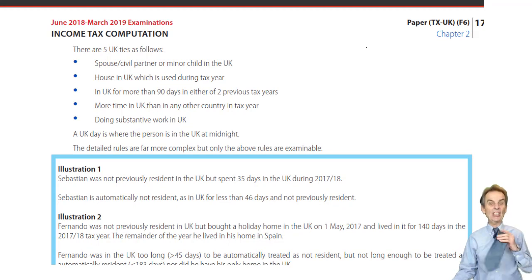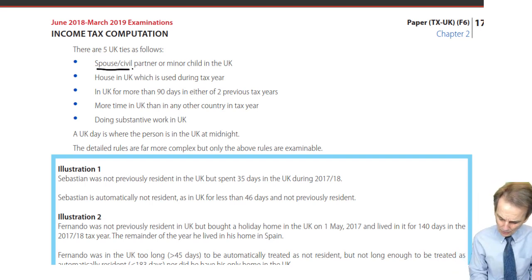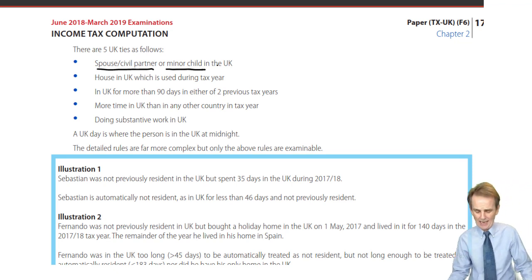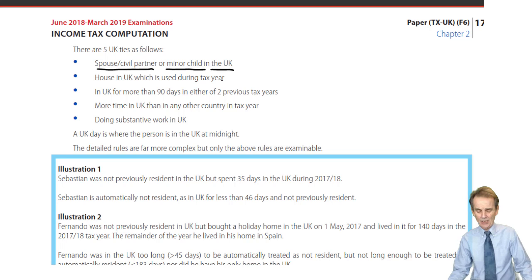Now then, the ties tests, no pun intended. What do you think would tie an individual to the UK? Family, of course. So if your spouse or civil partner or minor child, i.e. under 18, is in the UK, then that is a tie to the UK.